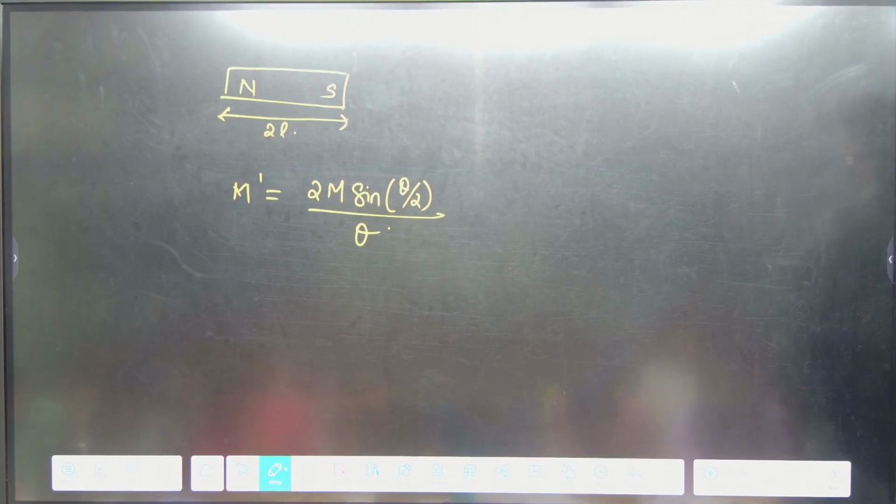Radians means 360 degrees is 2 pi, 180 degrees is pi, and the remaining things you know, I guess.